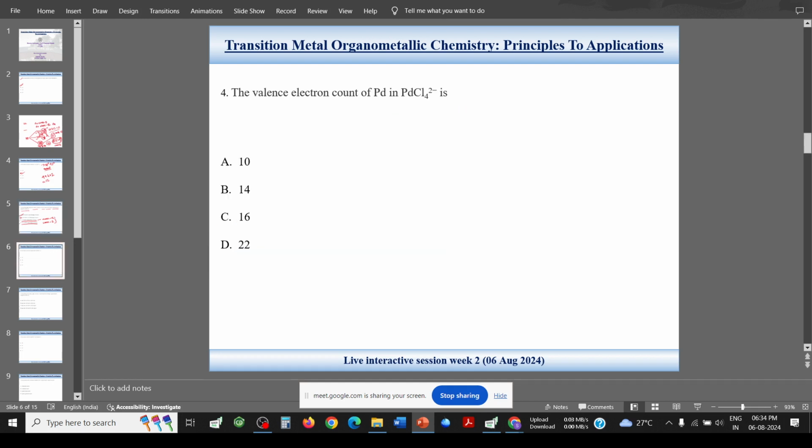Okay, the next question is also for the valence electron count, for palladium in PdCl4 2 minus. What will be the number of valence electrons?